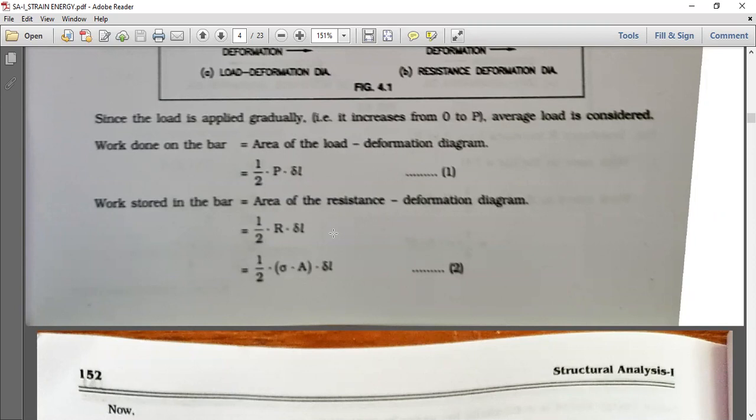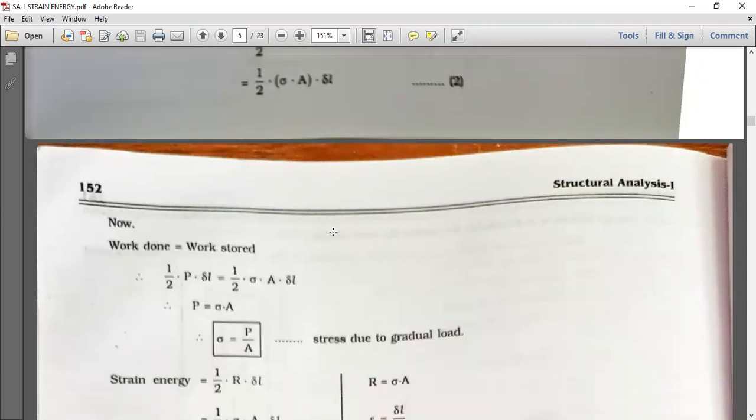Work done on the bar is equal to the area of the load-deformation diagram, which is equal to 1/2 P into delta L. Now work stored in the bar is equal to the area of the resistance-deformation diagram, which is equal to 1/2 R into delta L. In other words, it is equal to 1/2 into sigma into A into delta L, which is equation 2.